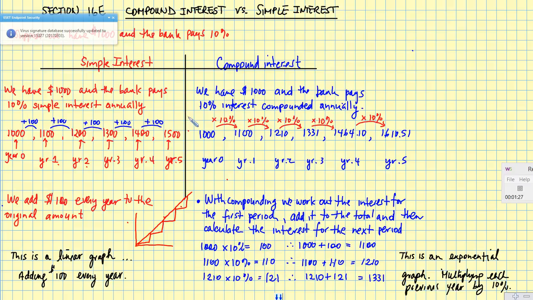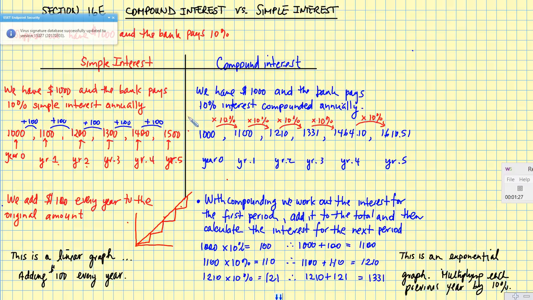Compound interest means that we are taking the $1,000 original amount that we have, and by the end of year 0, getting into year 1, we would have $1,100. Now, instead of adding on $100 every year, in compound interest you are taking the previous year's amount and multiplying it by 10%.